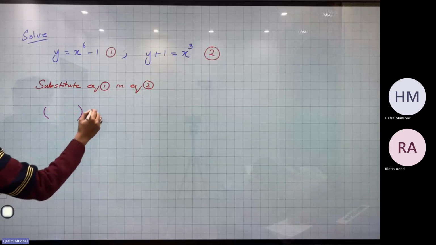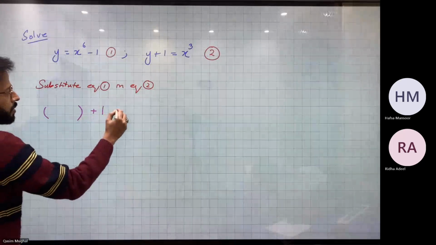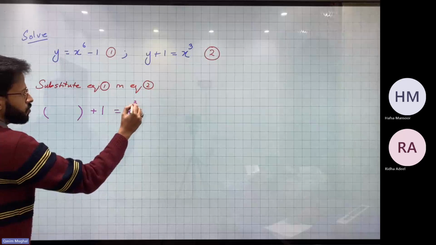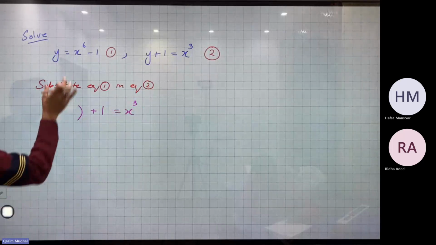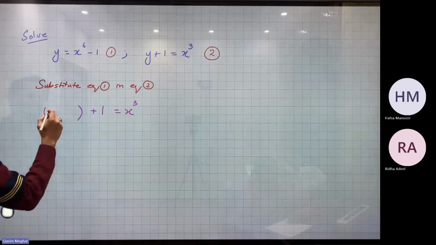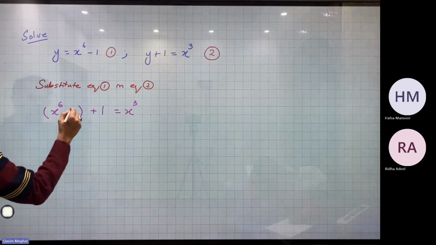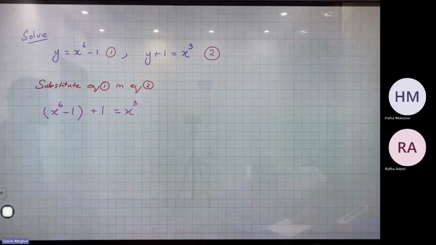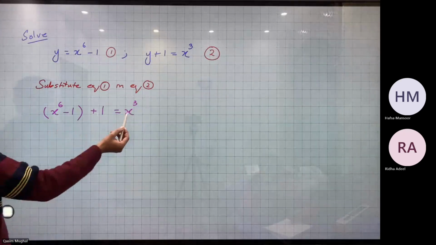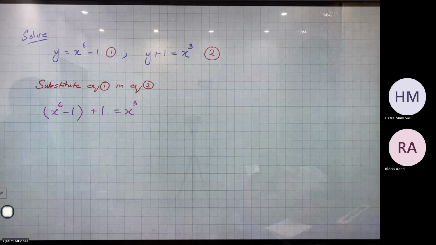As it is, plus 1 equals x cubed. Now, in place of y, I'm going to substitute the value of y from equation 1, which is x raised to the power of 6 minus 1. If you look carefully, this new equation is basically an equation in x.